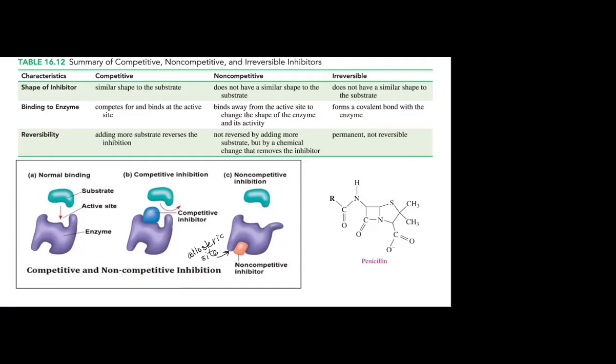I don't want to go into a lot of detail because we didn't talk about how bacteria look, but understand that once people started getting treated with penicillin, they were being cured from those infections.